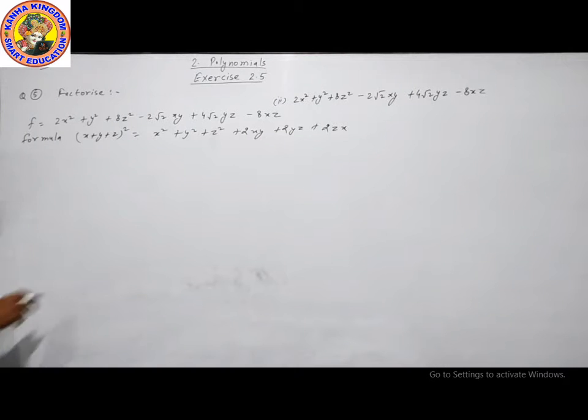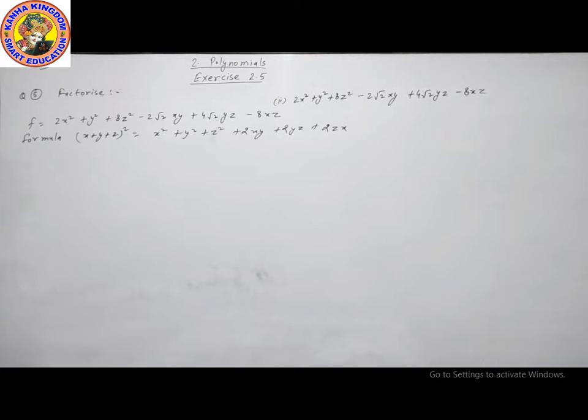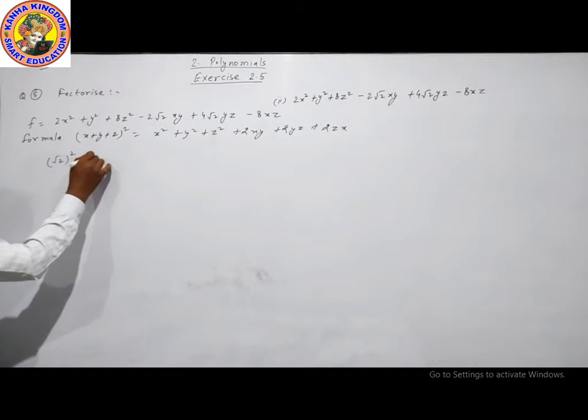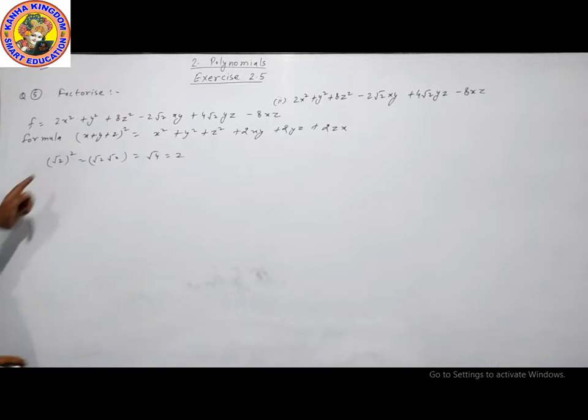Now making this term 2. Which number's square is 2? When we take root 2 square, root 2 into root 2, the answer is root 4, which means 2. The root 2 square is 2.